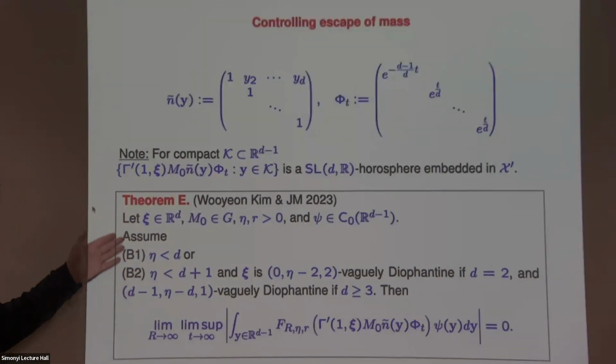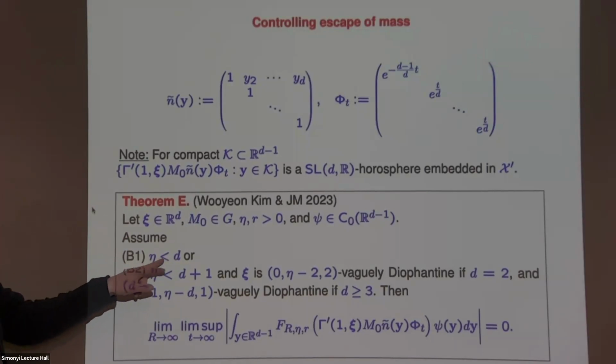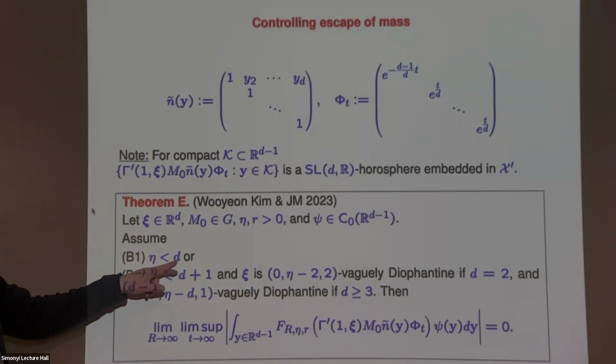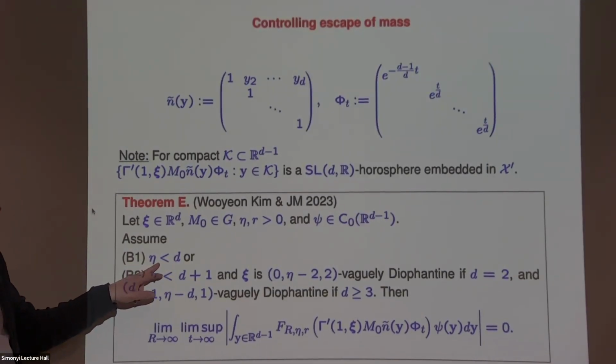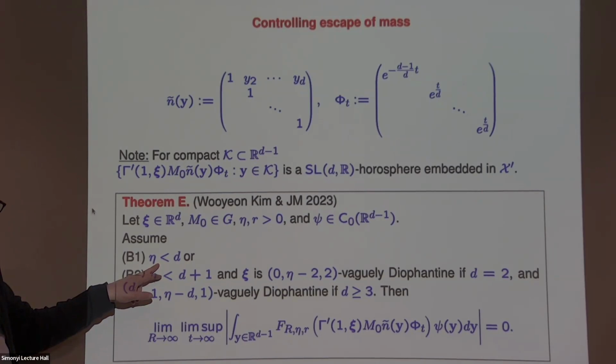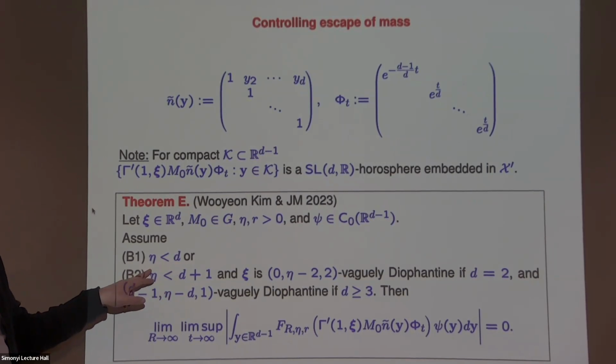As you see here, it requires the Diophantine condition. So in fact, it does go wrong if we don't assume this Diophantine condition. But beautifully, it depends on D. So if eta is smaller than D, we don't need a Diophantine condition. And if we're looking at pair correlation, if you remember, that corresponds to the second moment, eta equal 2. So just for D equal 2, we have a problem, and not in higher dimensions.